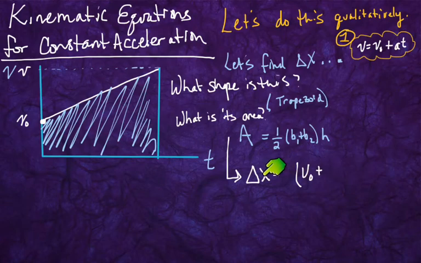So our delta x, which is this area down here, is going to wind up being v naught plus v, because those are the two bases, both of those divided by 2. We're just calling that point, we stop at some velocity v, whatever it is. And the height in this case is going to be t.